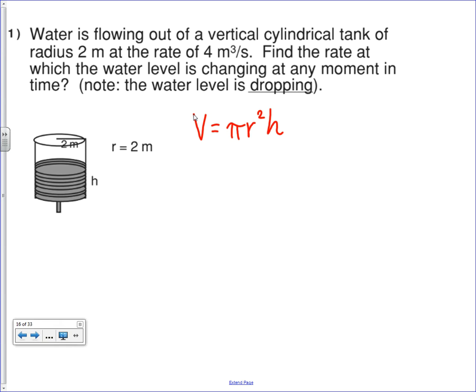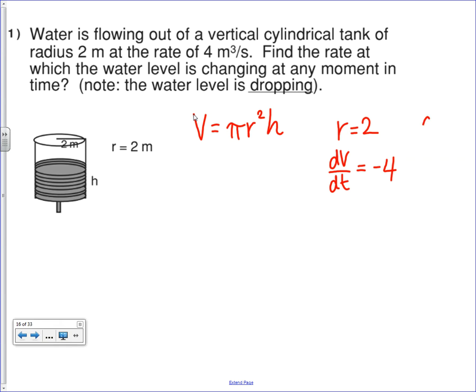Let's see here. I have water flowing out of a vertical cylindrical tank with a radius of 2 meters. So my r is 2. At a rate of 4 meters cubed per second. So that is dV/dt. Okay, the volume is changing and it's going out. So that is going to be -4. Okay, it says find the rate at which the water level is changing.